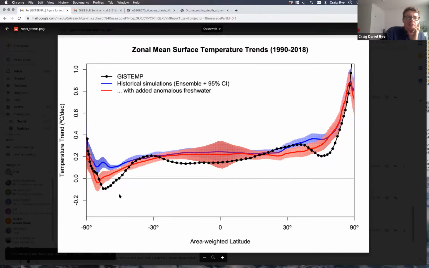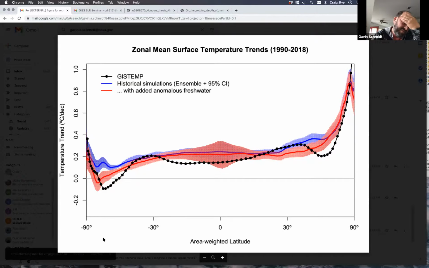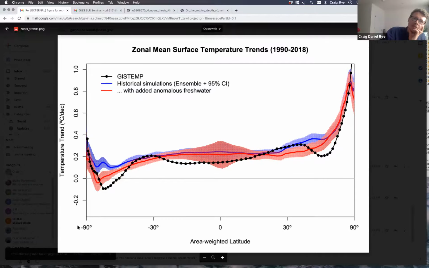And this is the zonal averaged temperature trend. And as you can see, in the runs where we have meltwater forcing, the trend is much better, particularly in the Southern Ocean. Yeah, a little bit around Greenland too, but it's not so noticeable.